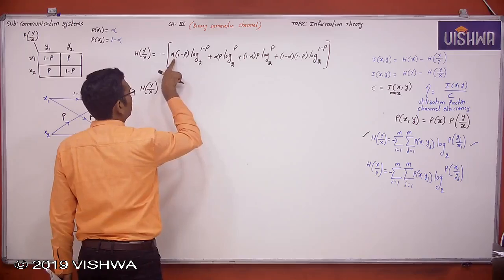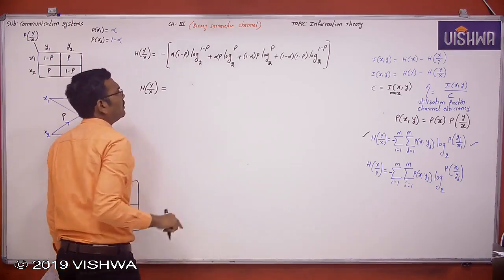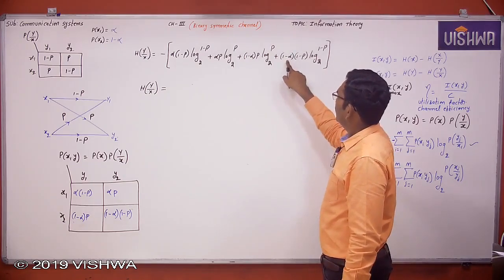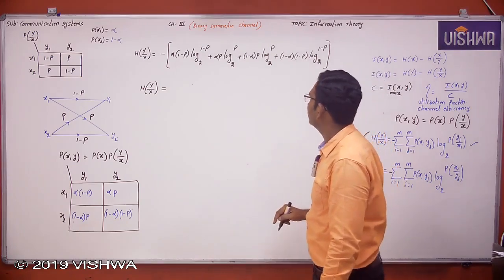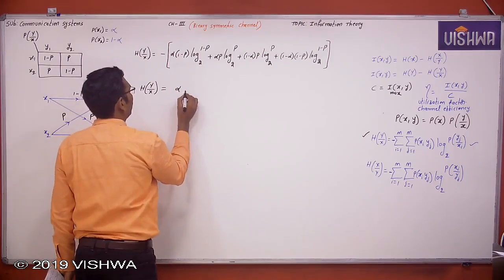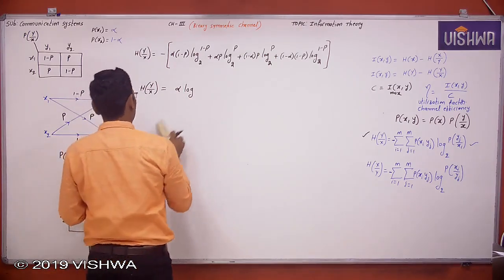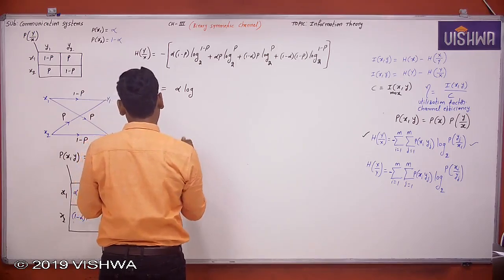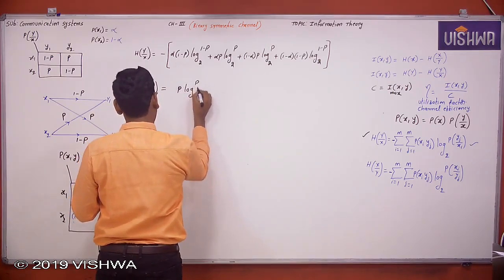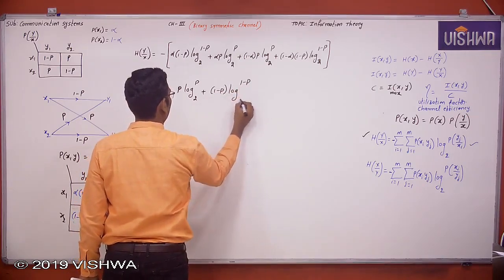Now we simplify. Minus alpha p and plus alpha p cancel, and the alpha terms also cancel. So H of y by x is P log P base 2 plus 1 minus P log 1 minus P base 2.